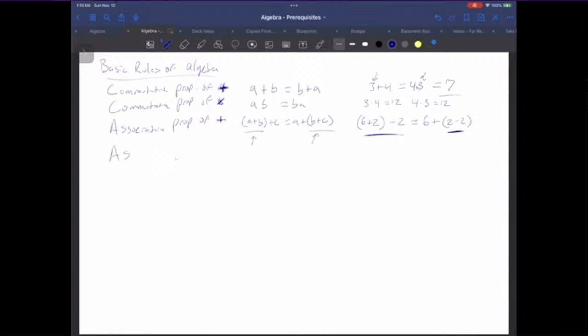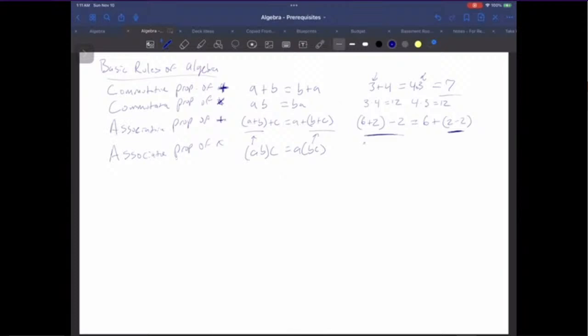Similarly, we have the associative property of multiplication that says that A times B quantity times C is the same as A times quantity B times C, right? So you can associate the two numbers there. Similarly, we'll do the same thing.